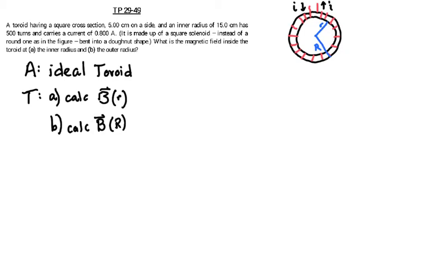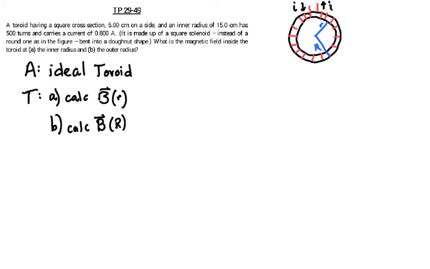That means we're going to need to provide some direction information to our magnitude quantity. You are given the equation for the magnitude of the magnetic field inside of a toroid on your PRC, but not the direction information. And we'll get to that later, how we're going to figure that out.